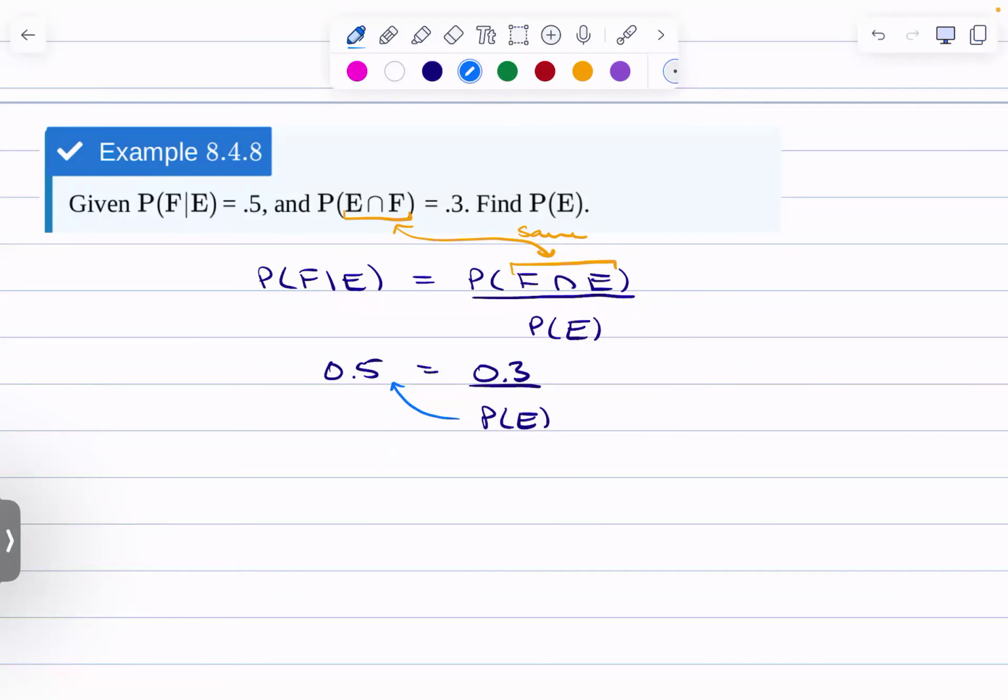You'd want to be careful because the P of E would be in the bottom still.